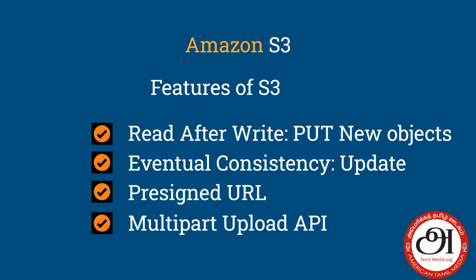Then the last one is the performance part. You want to upload, say, 5 GB of data. So in your program, you can call something called the Multipart upload API in S3. If you call that API in your program, your file will be uploaded in chunks, in parallel threads.